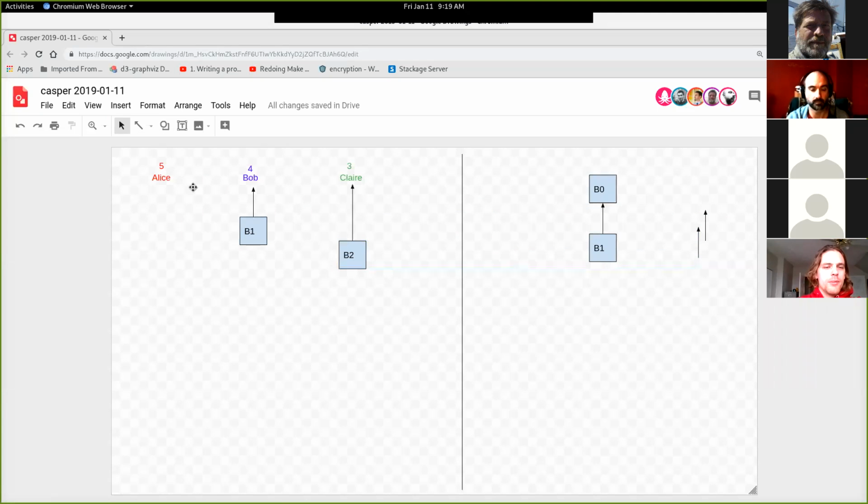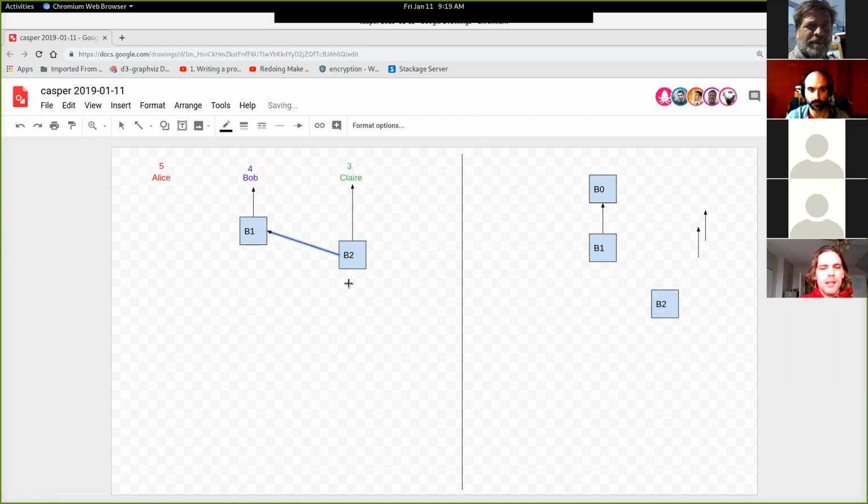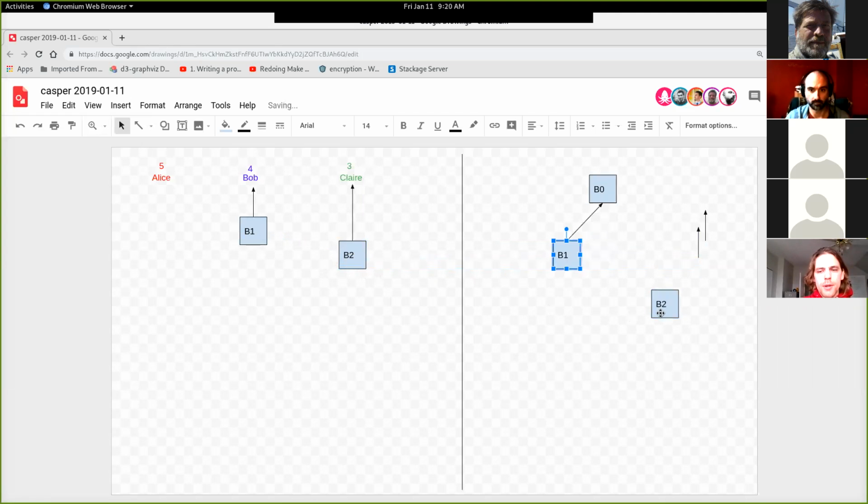Okay, so then we have to ask ourselves where B2 goes over here in the block DAG view. In fact, let's say Claire has seen Bob's block here. Okay. In that case, that makes it less interesting, because she just builds off of B2, just like always. So maybe this is what happens.